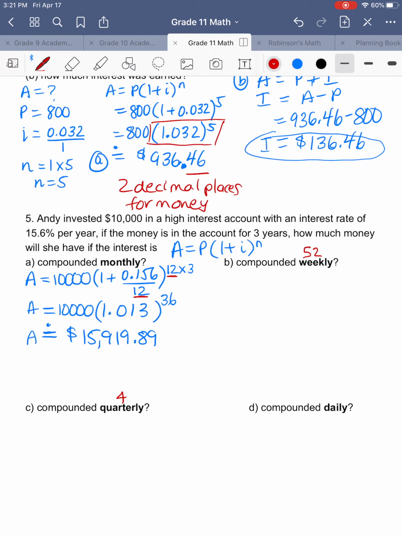Quarterly means 4 times a year, breaking the year up into 4 parts. And then daily, there are 365 days in a year. So those are going to be the key things that change. So I'm not going to repeat myself over and over again. And you should be calculating along with me to make sure you understand how to put all of this into your calculator.